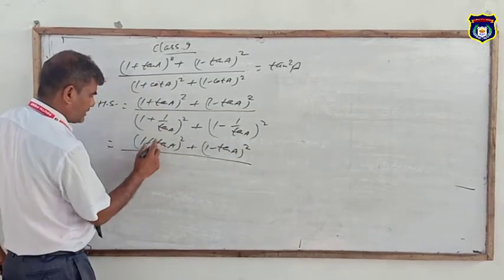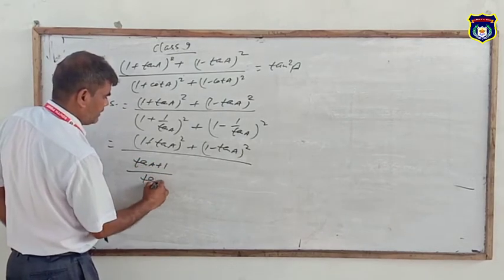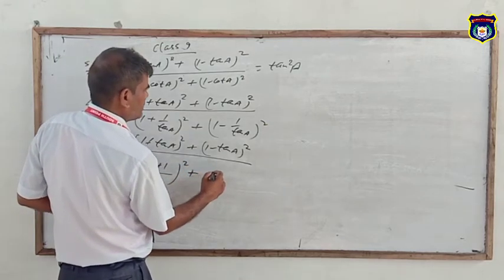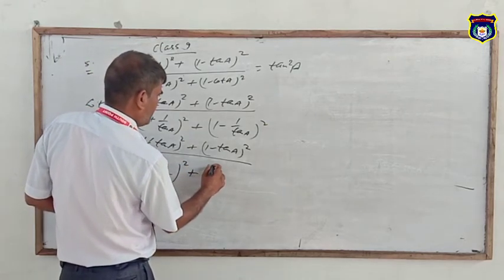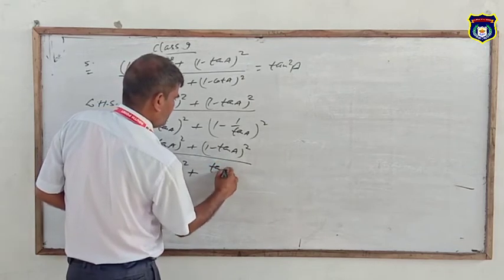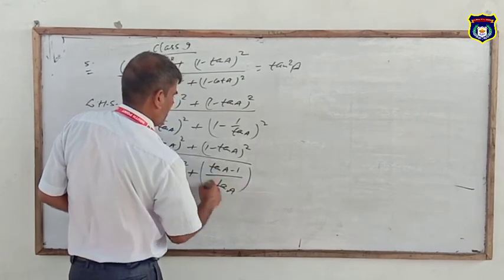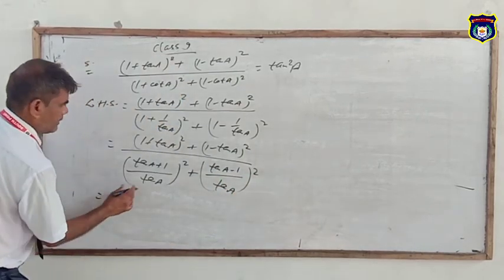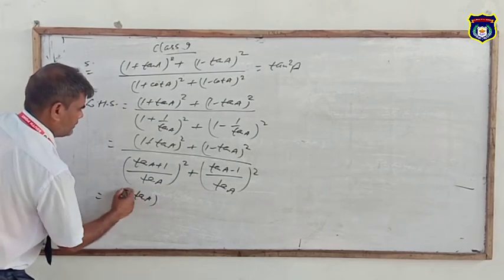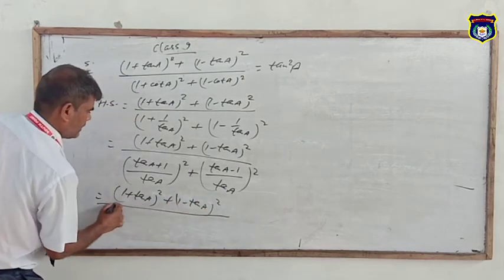Tan A LCM, (tan A plus 1 by tan A) whole square plus (tan A minus 1 by tan A) whole square.